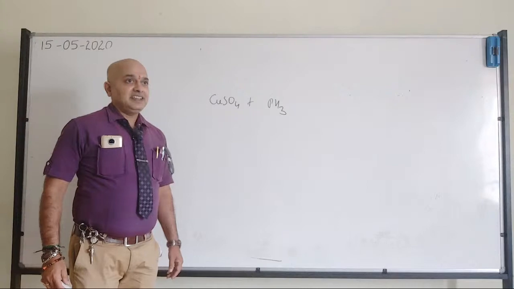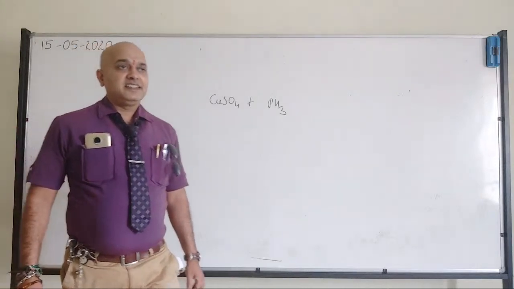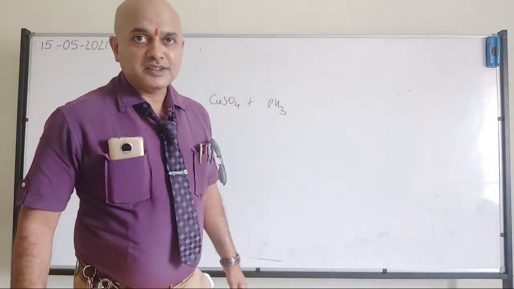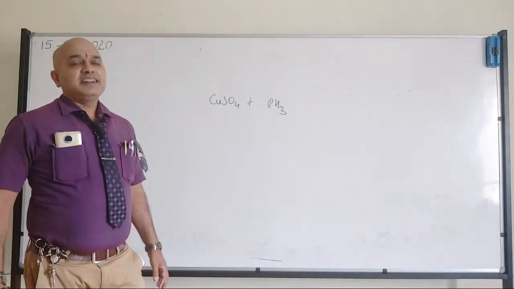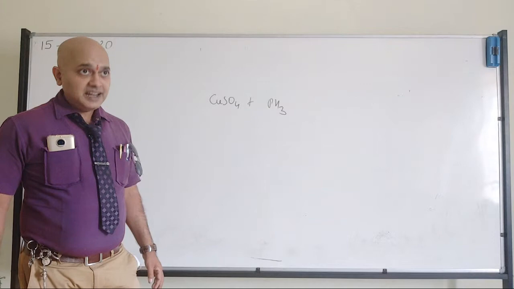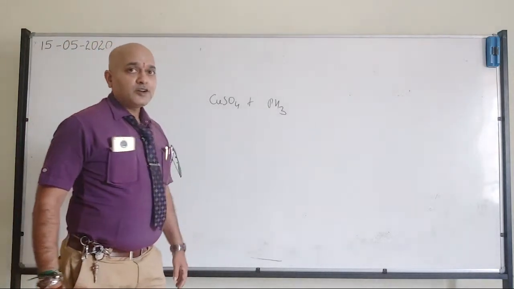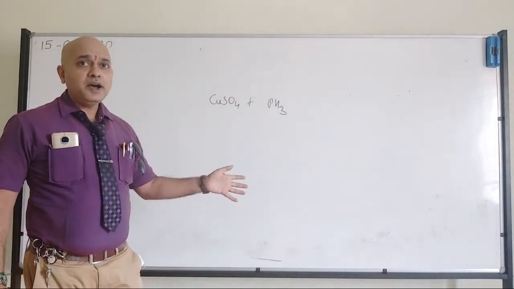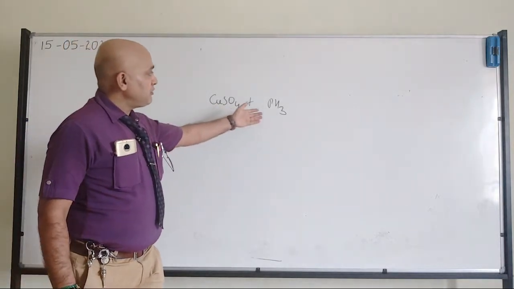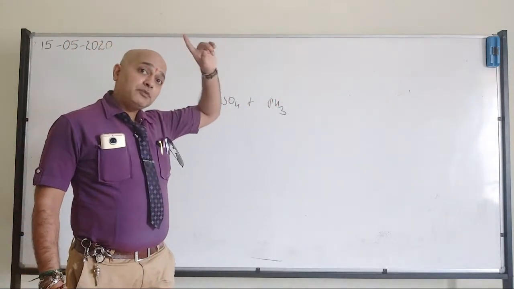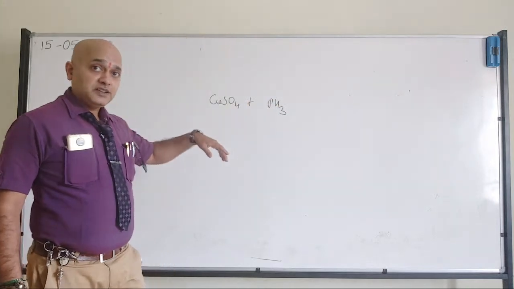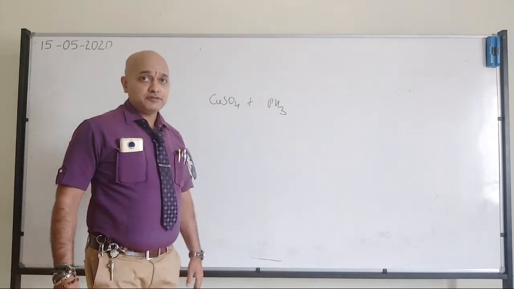Not NH3. What is ammonia solution? That is ammonium hydroxide, right? We used to get copper with ammonia, right? I am talking about that reaction where zinc sulfate and all they have used.